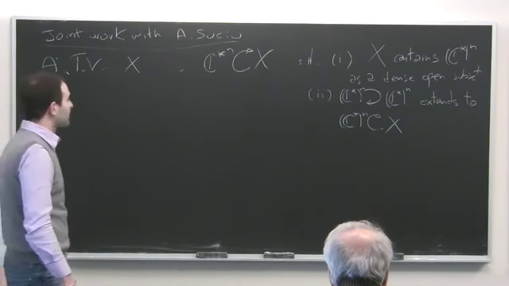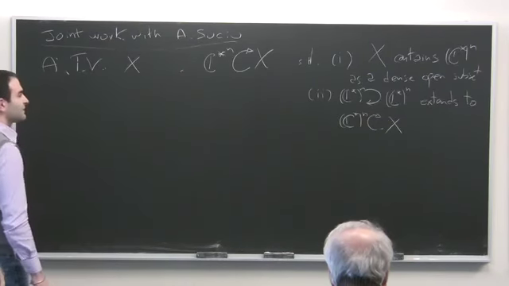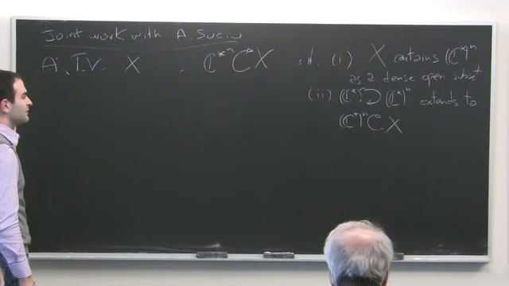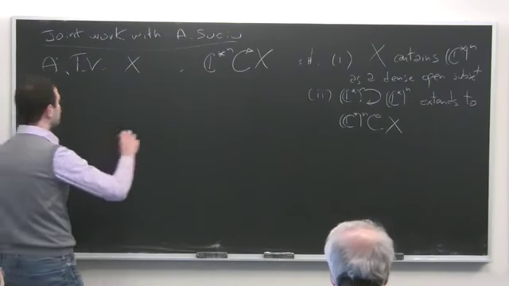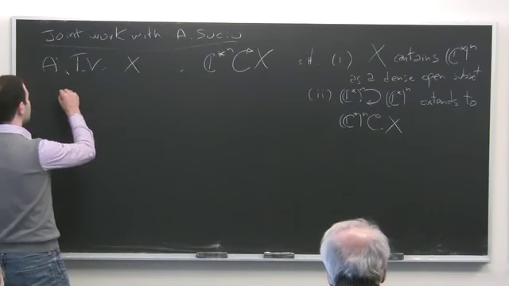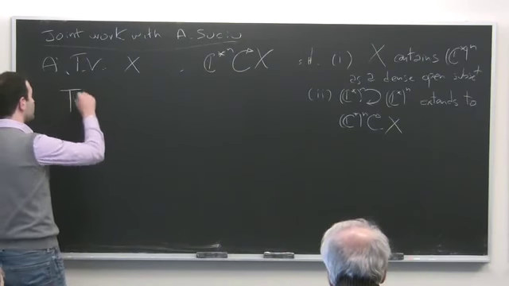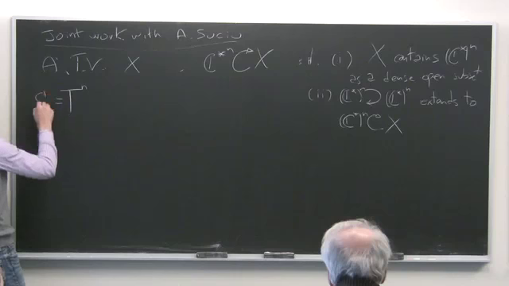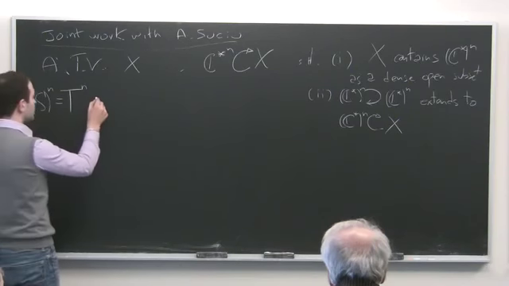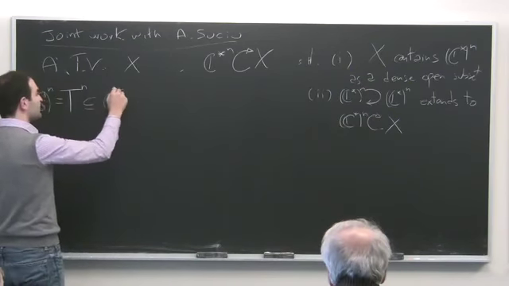For example, if you take the compact torus, so just the product of circles, this sits inside the complex torus.